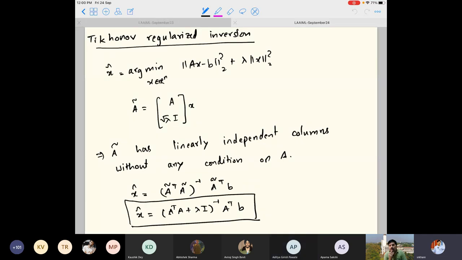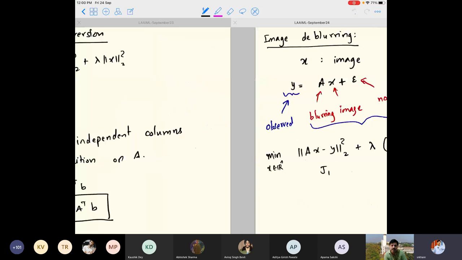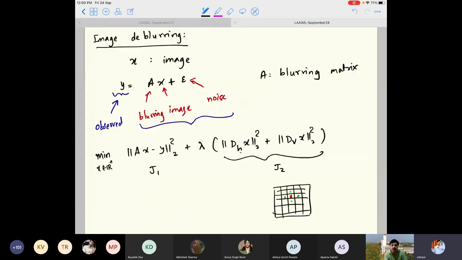Yeah, it's the same, right? So you will see why it is ridge regression. The next point I'm going to talk about is that point only. Once I write those next two pages, then you will be able to map it to that ridge regression thing that you're talking about.